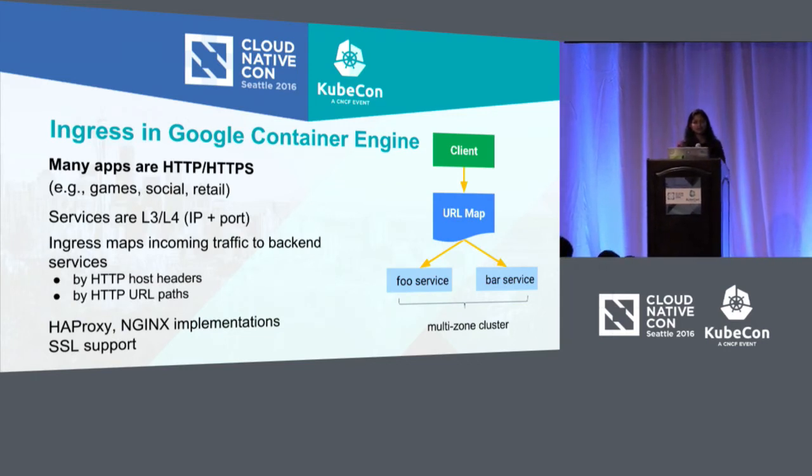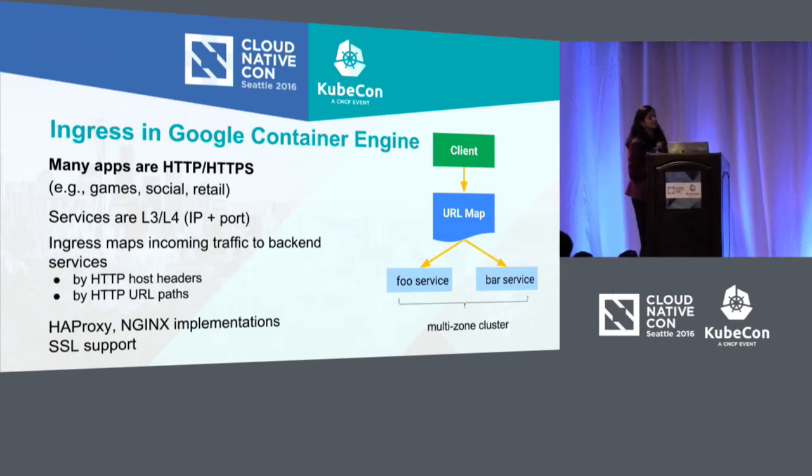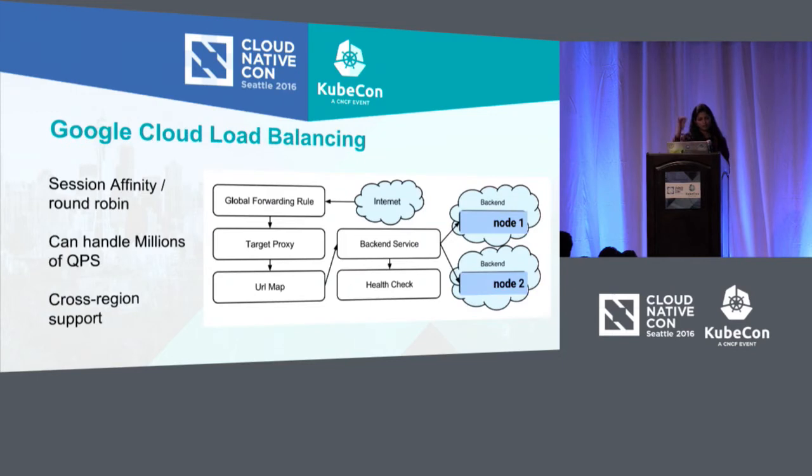It does the mapping between the L4 service and the URL, based on where it should go, based on a map that the user provides. It is supported by Nginx and HAProxy and also has SSL support. So this is identical to what is available in the open source.